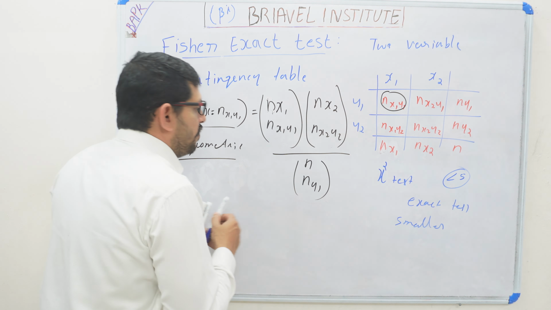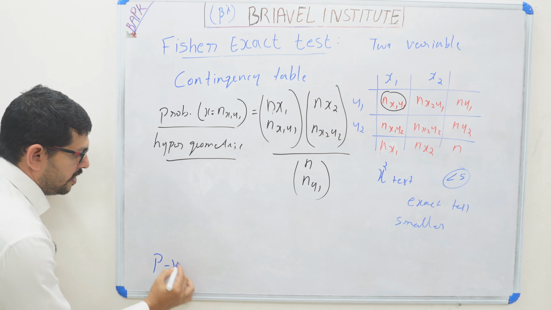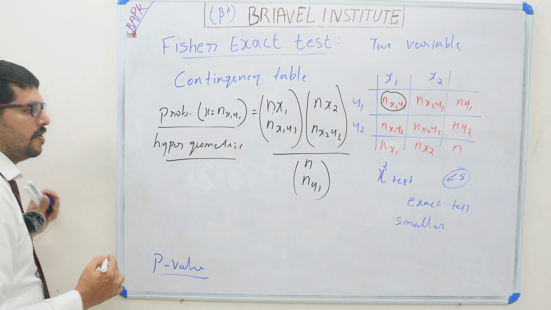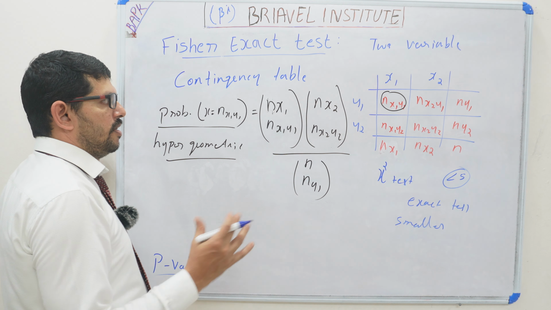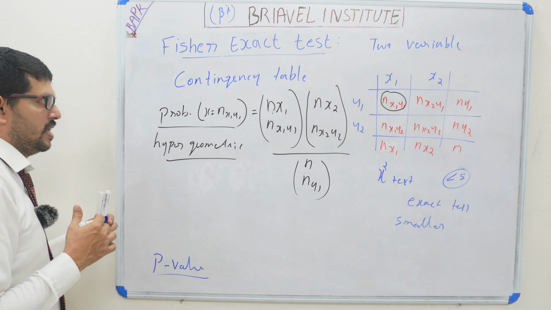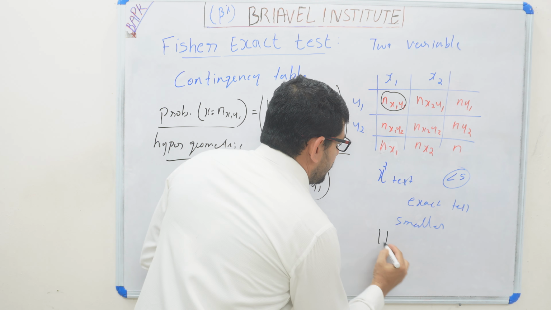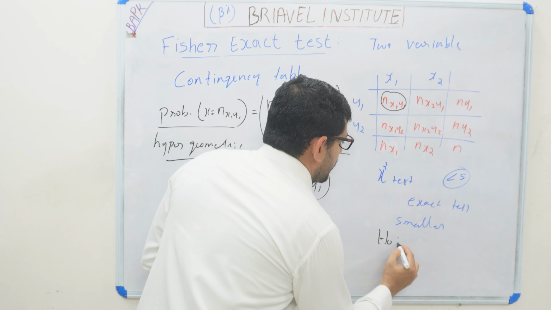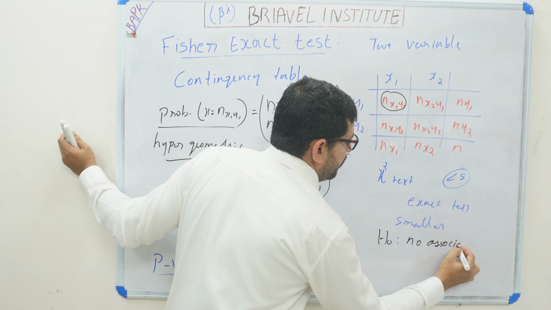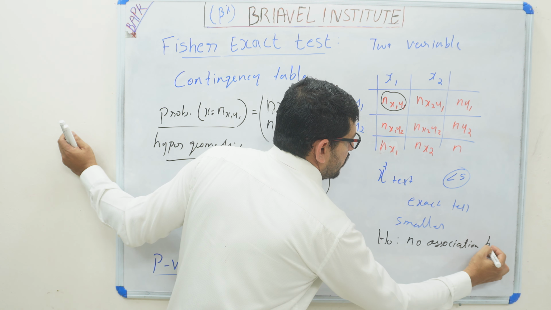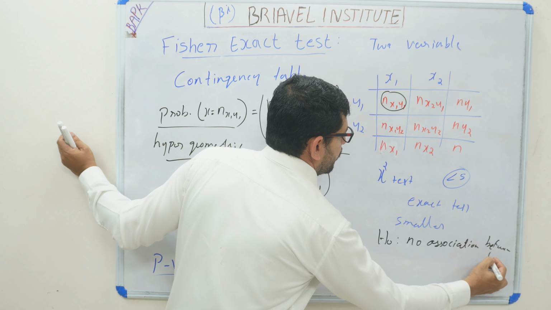So now we know how to calculate the probability value. We need to find out the p value, and only then can we test whether the hypothesis is correct or not. What is the hypothesis? H0 says that there is no association between the variables, between these two variables.